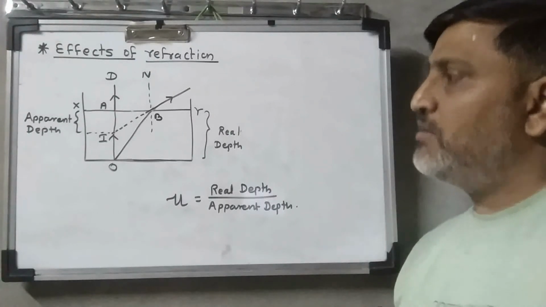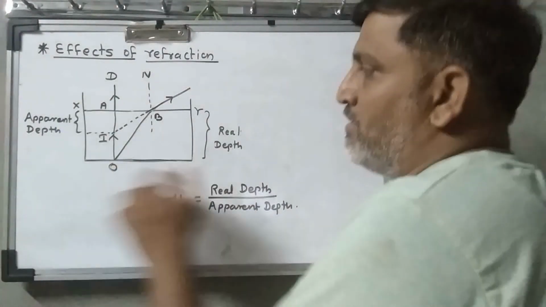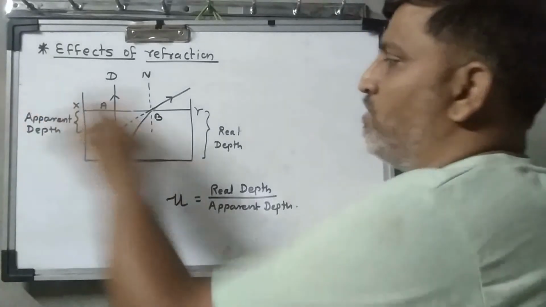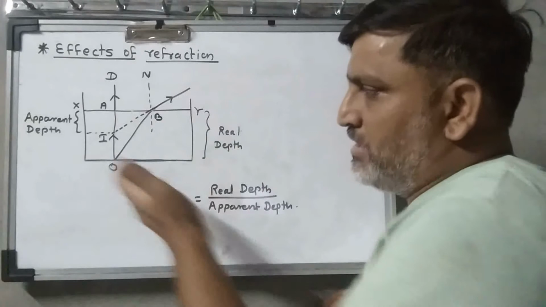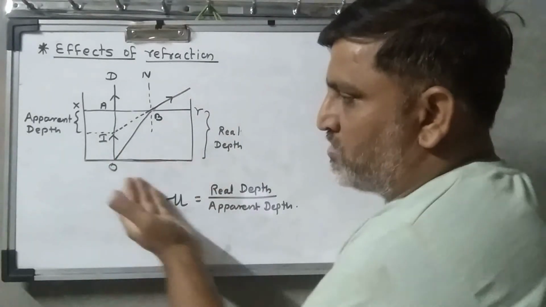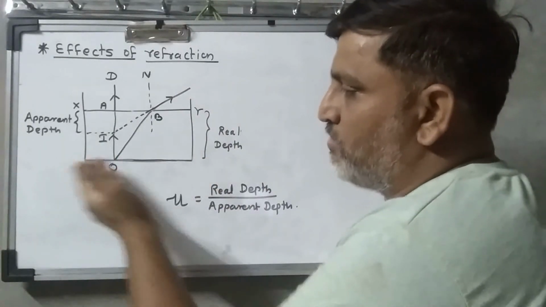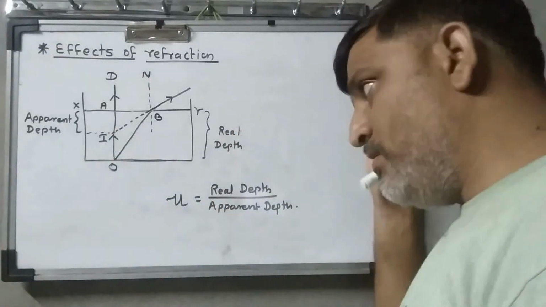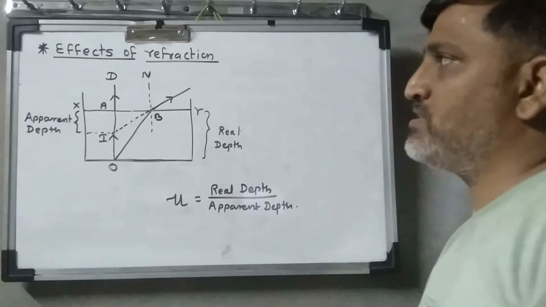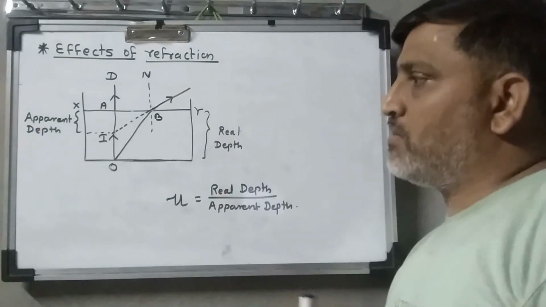So assume a container filled with water up to the level XY. To see the bottom of the water, say O is an object placed in the water. Where can it be seen by us, due to the refraction concept?